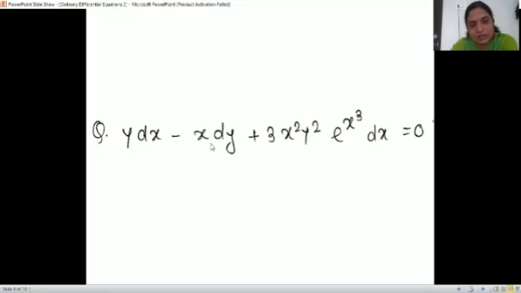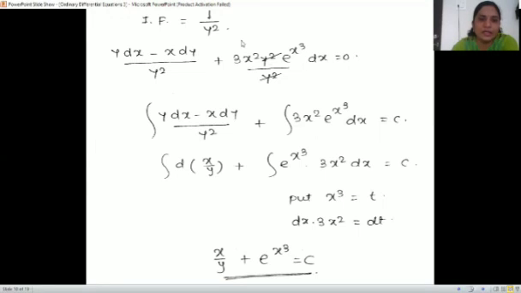And we can see such a term in the derivative of x/y, as y dx − x dy, but there should be y² in the denominator. So here is y². So we'll try to divide the whole equation by y². Dividing the whole equation by y² is also called an integrating factor. We have decided it by inspection so that it becomes some derivative.